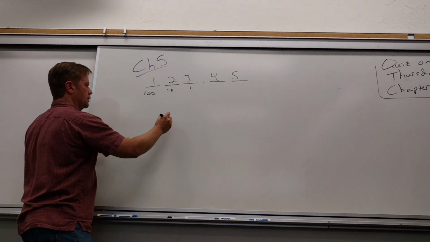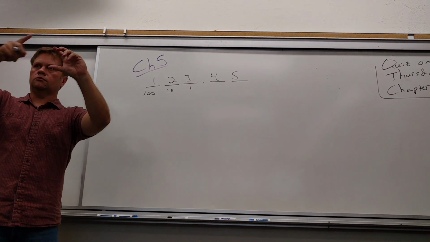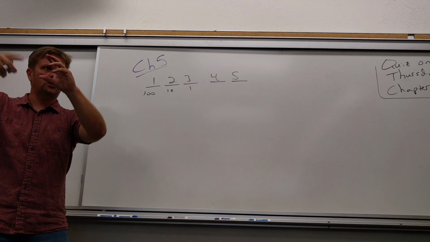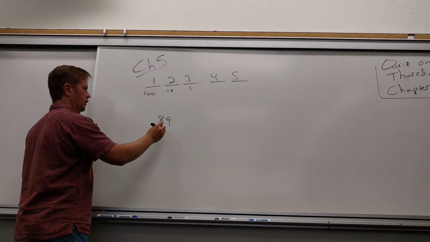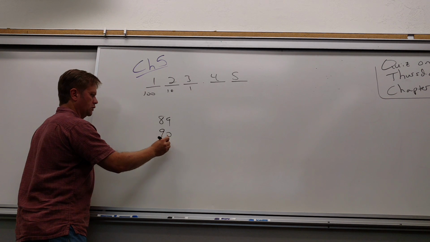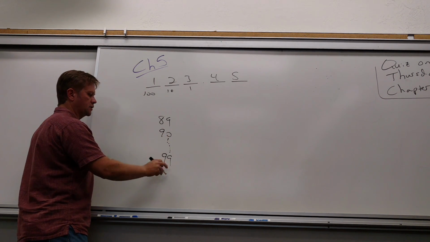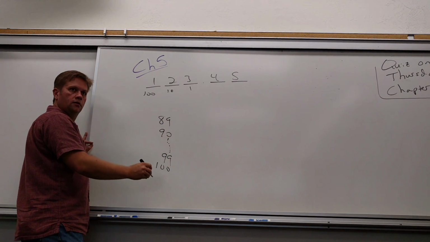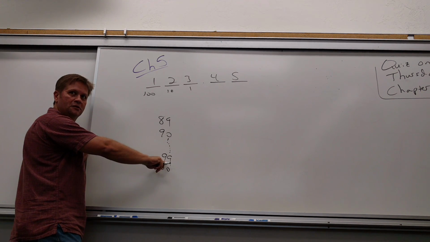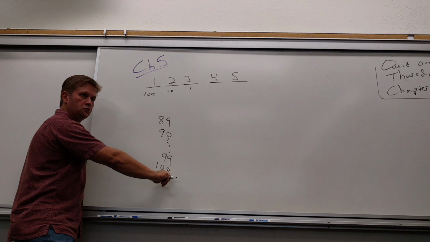The whole reason is, can you imagine an odometer turning? You've all seen this idea of the odometer turning, and it goes 89 and then it clicks over to 90. And then you go 91, 2, 3, and then you get to 99, and now it's going to click over to 100 because I want to say I have 10 tens. But 10 tens is 100.